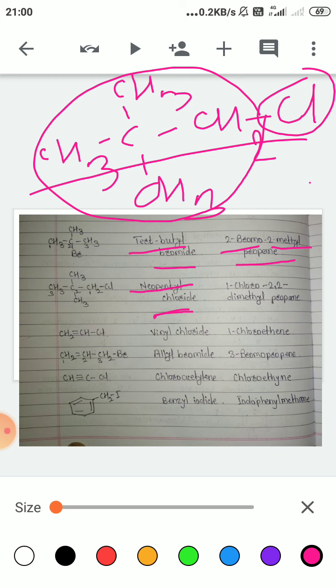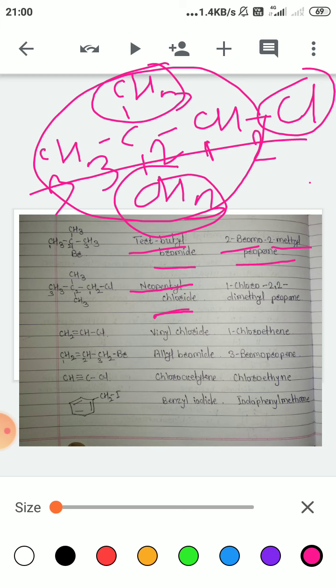Therefore we start numbering from this carbon atom: 1, 2, 3. Here the second position contains 2 methyl groups, therefore we have to mention di as a prefix before methyl.